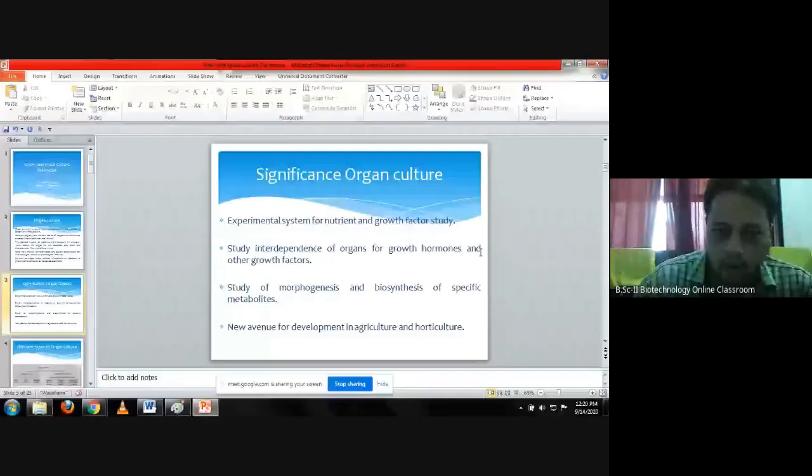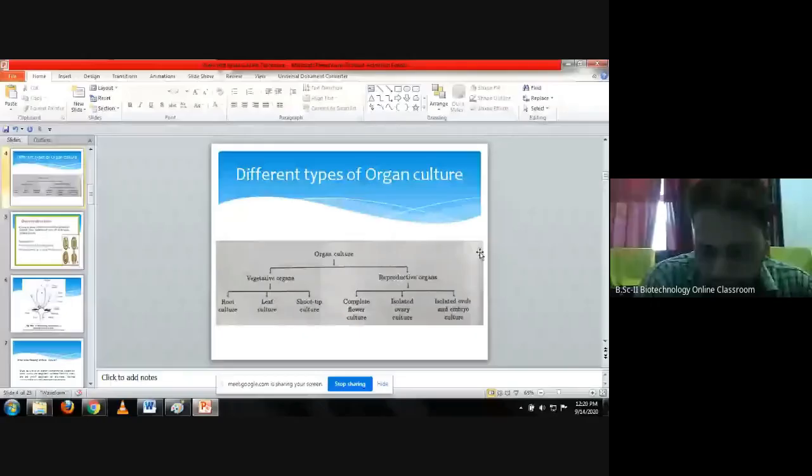Organs are differentiated into two types, vegetative and reproductive. Under vegetative come root, leaf and shoot. In reproductive come complete flower culture, isolated ovary culture, and isolated ovule or embryo culture.